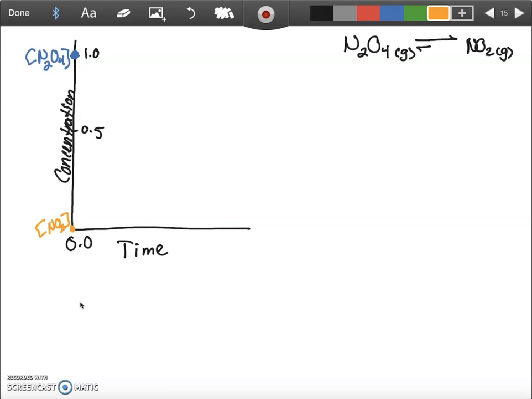In this scenario, when the forward reaction is favored, we are going to form a lot of product. So pretty much all of the reactant is going to get used up. And then barely any of it is going to be present or left over at the end of the reaction.